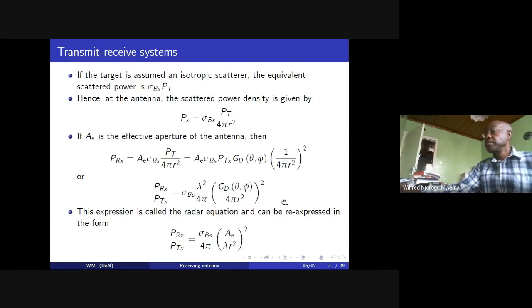Remember, we are using the antenna to both transmit the incident energy and to receive the scattered power from the scatterer. That is why we were talking about a monostatic system, radar detection system.